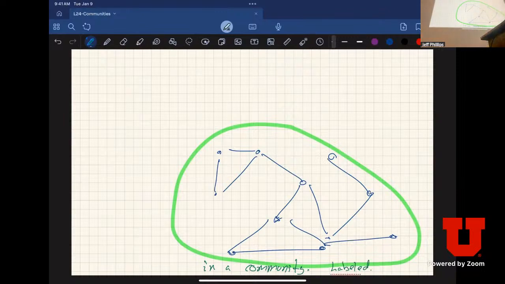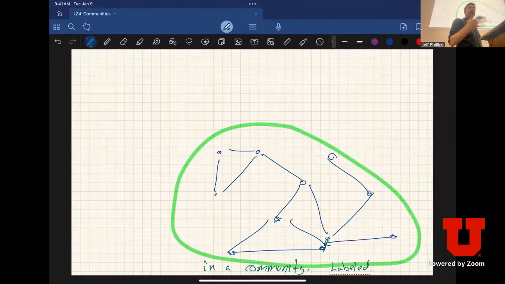Think of this as a bunch of people as part of a big social graph. They're part of a group. This could be a group made by Facebook to discuss a certain topic. Could be they're part of a church group. It could be they're all on a sports team together. It could be they're all in the same class together, right? Okay, this is a labeled group where I know people have this label.